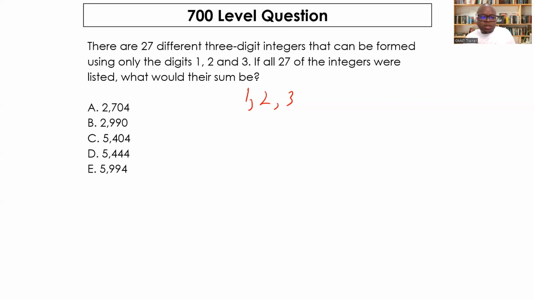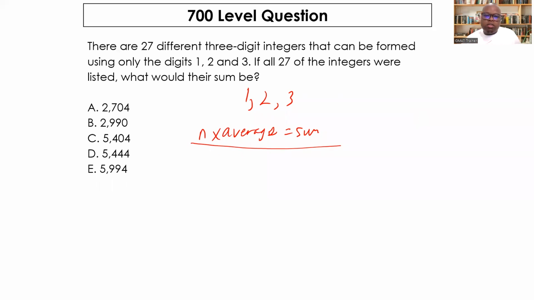It looks like a counting methods question, but it also looks like a sets question. If you look at the sets, the number of elements times the average gives you the sum. The number of elements times the average value of the elements gives you the sum, or just adding all of them together. This is the basic concept that may be applicable here.